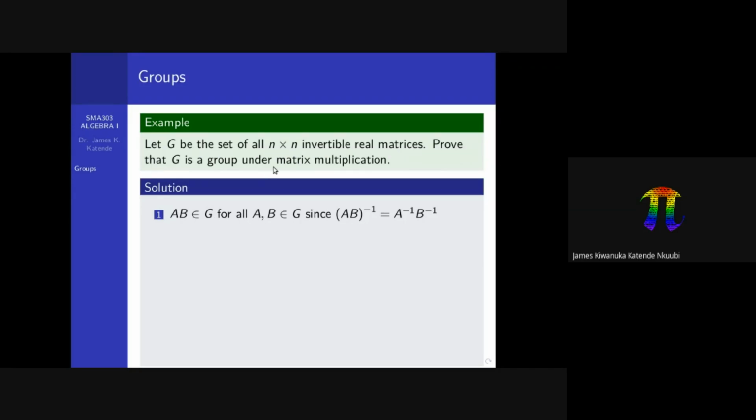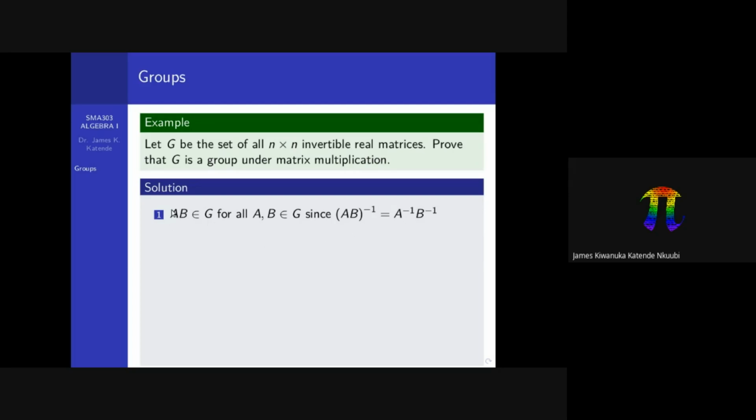But what do you need to satisfy to be in the set? It means it must be an invertible matrix. So we need to be sure that if you multiply two invertible matrices, we should get another invertible matrix.